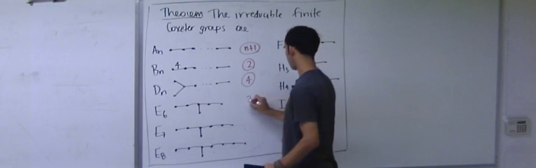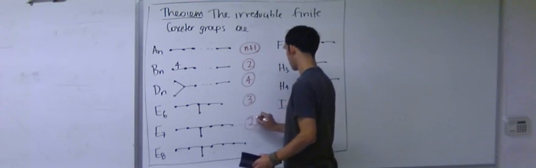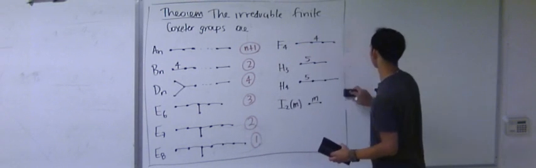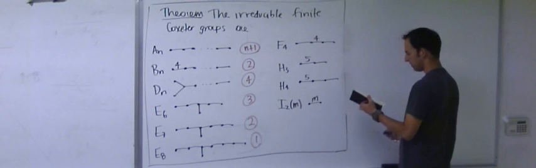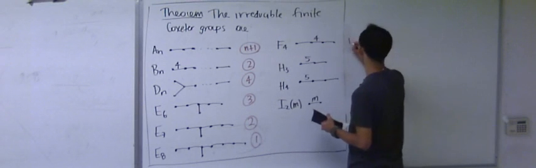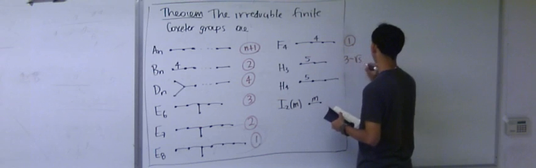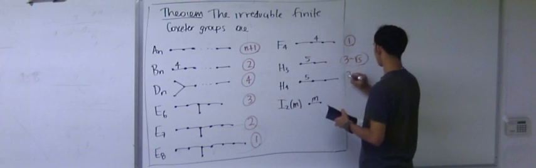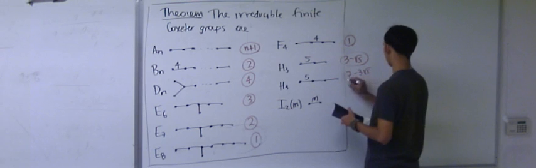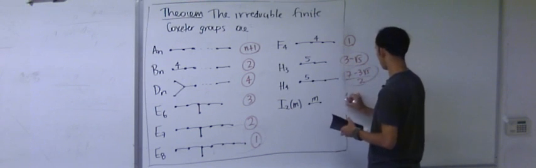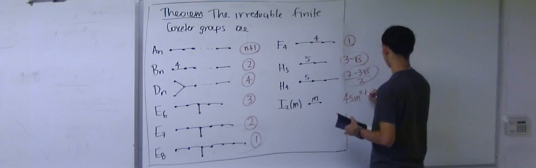These guys were 3, 2, and 1. F4 was 1. H3 was 3 minus square root of 5. This was 7 minus 3 square root of 5 over 2. And this was 4 sine squared of pi over m.